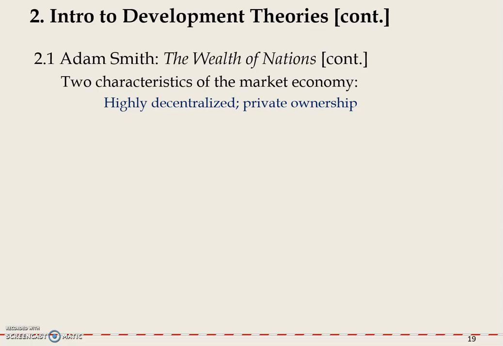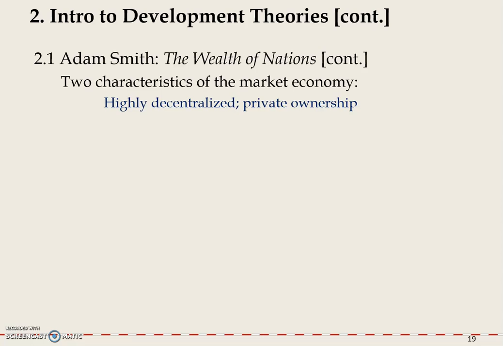When we talk about the oligopoly or monopoly, we would find there's the loss of welfare, okay, like the deadweight loss, and so the highly decentralized is the first characteristic of the market economy.